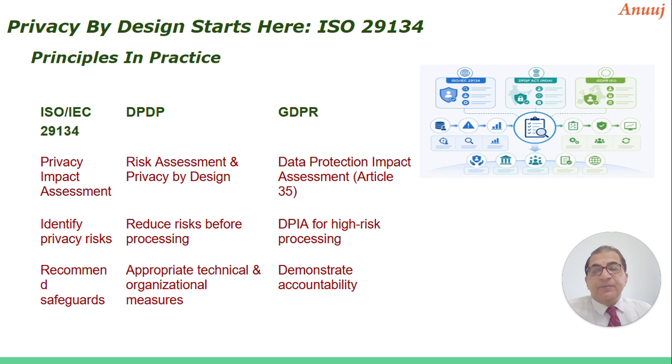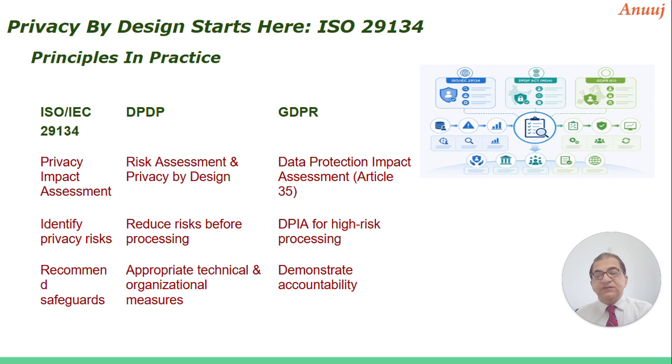In practice, privacy impact assessment, as mentioned by the 29134 standard, is privacy by design risk assessment, data protection impact assessment that DPDP and GDPR handle. You may get confused with the fact that privacy impact assessment and privacy by design logically are different. The idea here is that by doing assessment, you are updating the design of your product, service, and processes and embedding privacy by design principles into it.